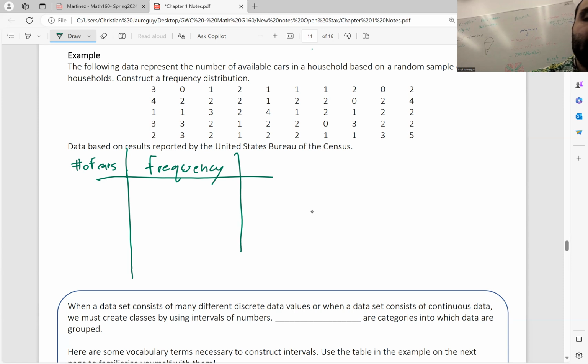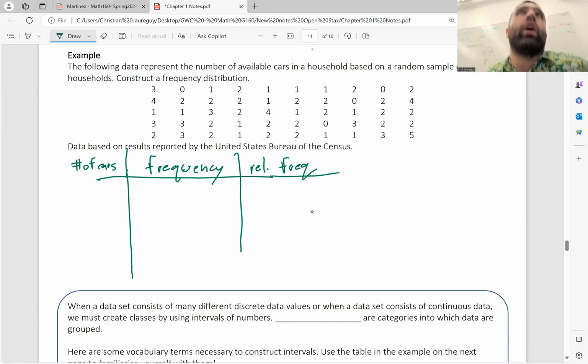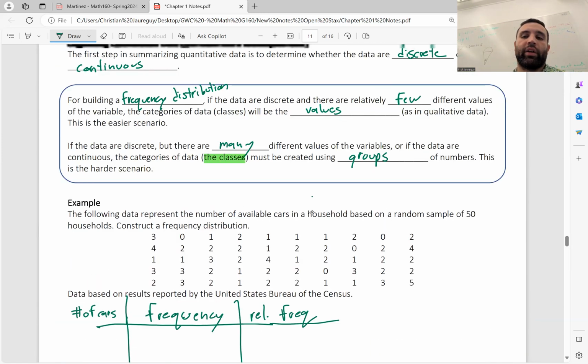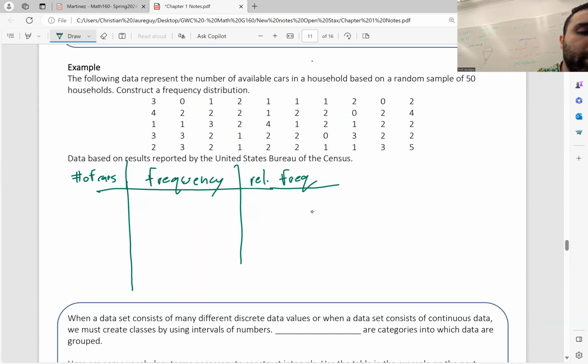And of course, on a test, there's a good chance you would also include relative frequency in this third column. And since there are a few different types of values, we would just do this 0, 1, 2, 3, 4, and I do see a 5.